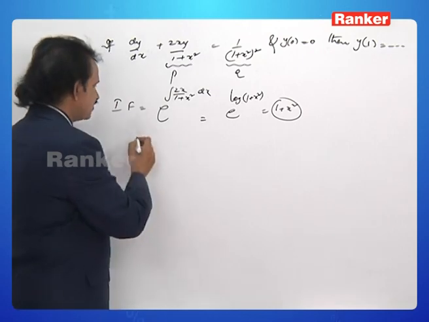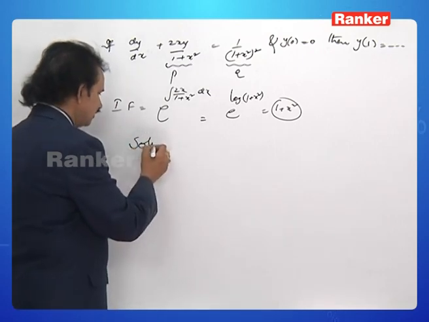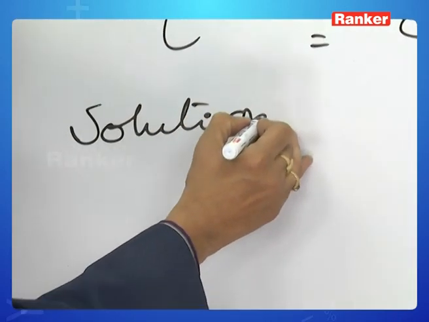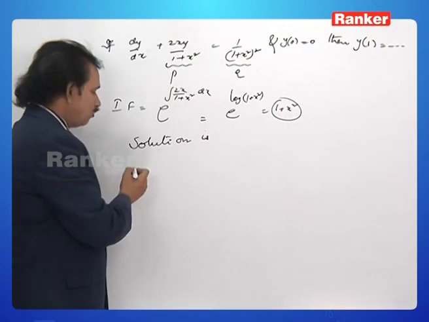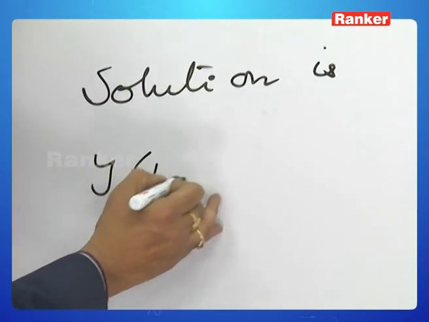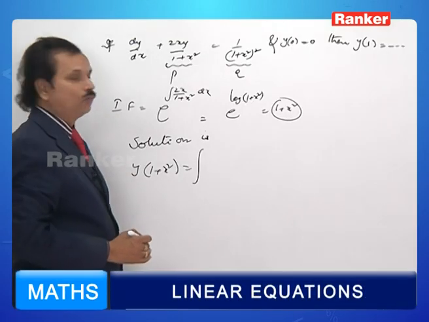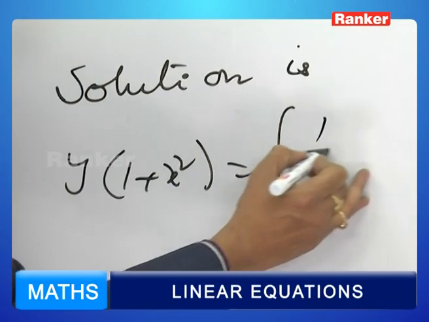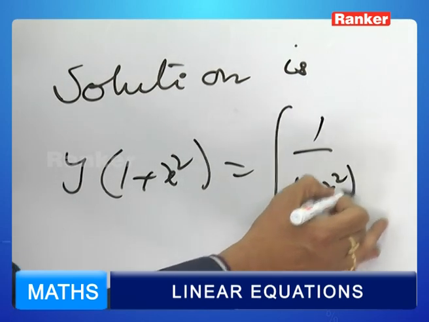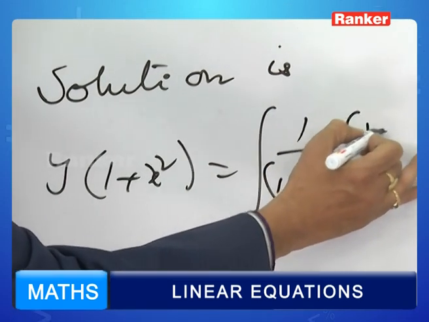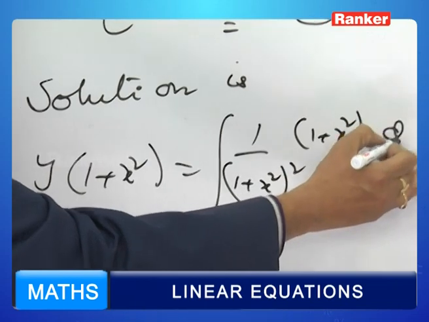Hence, the solution is, what is the solution? y into IF, that is 1 plus x square, is equal to integral of q. What is q? 1 by 1 plus x square whole square into 1 plus x square dx.